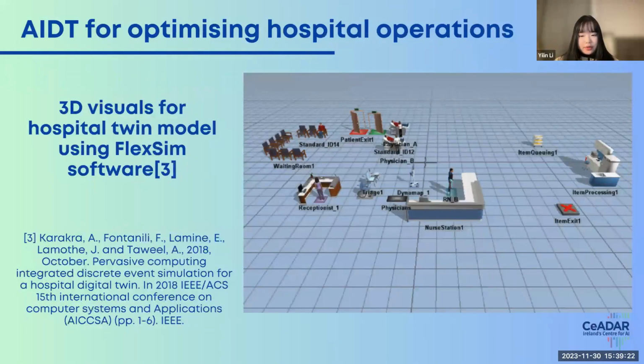The FlexSim software was used to create the 3D visualization of the hospital twin model to assess and visualize patient and staff flow factors and parameters during the simulation model run cycle.